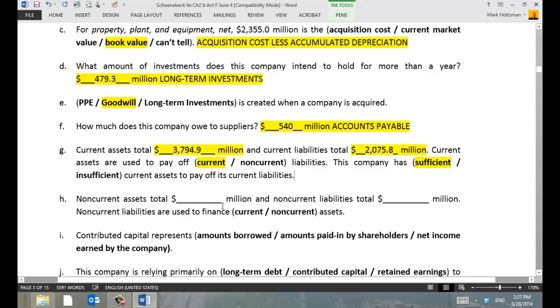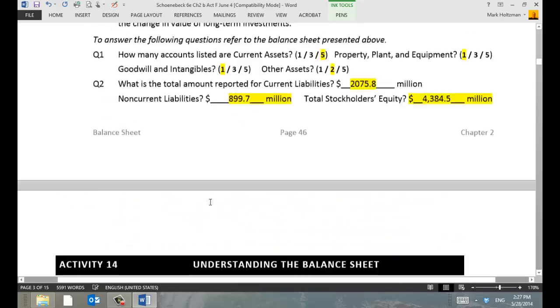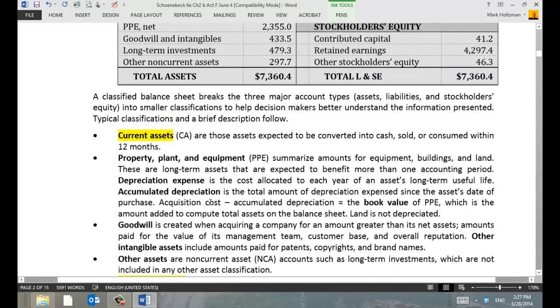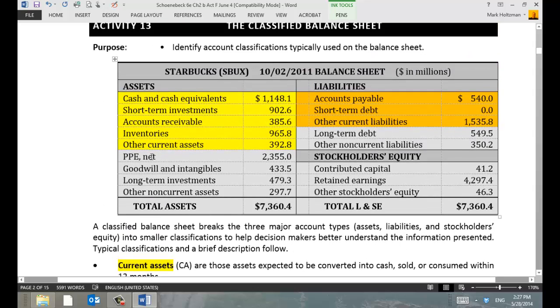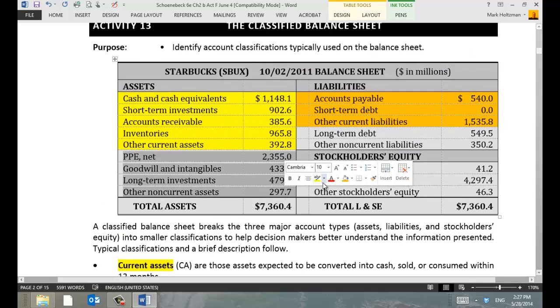Non-current assets total what? $3,565.5 million. And again, if you're wondering where I got that, that would be these items right here.